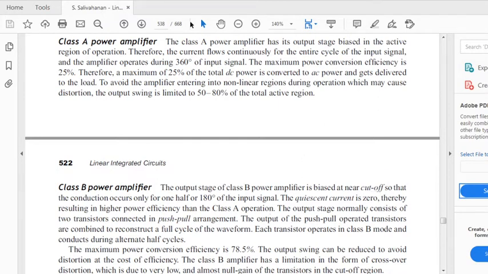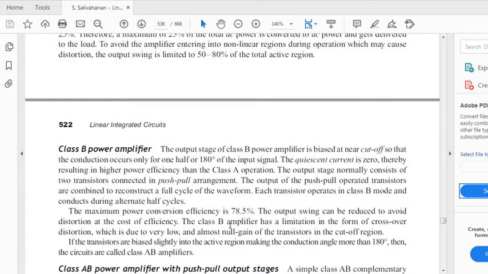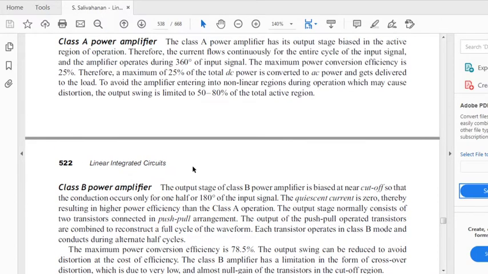If you compare the efficiency of class A and class B, class B has higher efficiency than class A operation, and here the output stage has a push-pull arrangement, in contrast to the class A power amplifier.